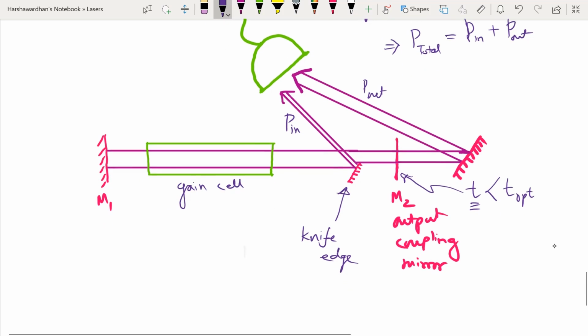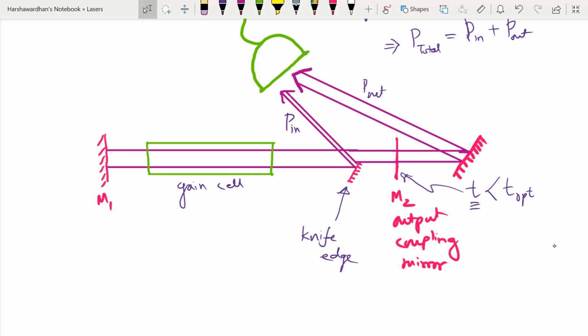Now you see, what I do is keep varying the knife edge, which is riding on a micrometer screw, until I obtain the maximum value for P total. What would that mean? It would mean that there was a certain amount of feedback.